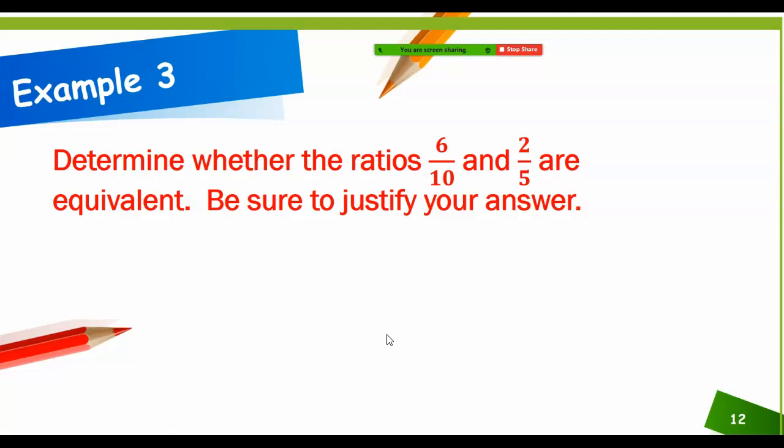Okay? Determine whether the ratios 6/10 and 2/5 are equivalent. All right, Dominique, what do you think? So we got a yes. All right, Abby, what do you think? All right, so Abby says no. What do you think, Nevaeh? All right, so let's take a vote. We got a yes, we have a no. Luke, yes or no? Okay, Madison, yes or no?